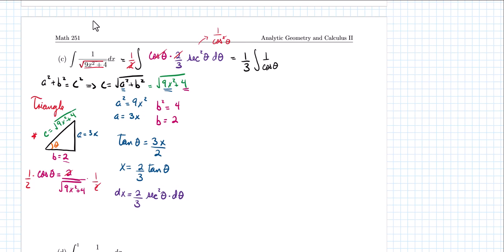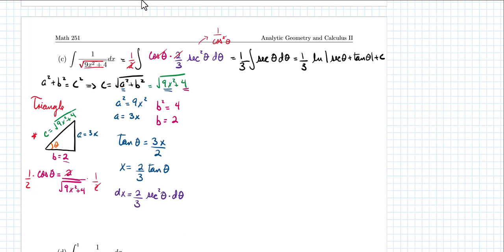But if it's a 1 over cosine, we know that we can write it as a secant. So we have 1/3 times the integral of the secant of theta d theta. Now this one here is a nice integral. Hopefully you guys have it memorized. We're going to have here 1/3 times the ln of the absolute value of secant theta plus tangent theta plus c.